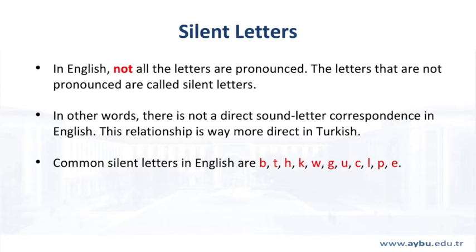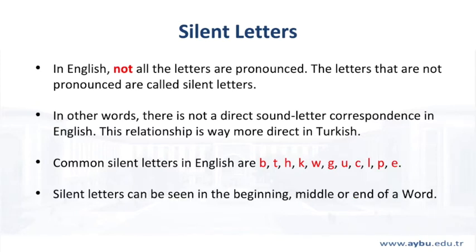We can see a number of letters which usually get silent in English words. And the most common ones are B, T, H, K, W, G, U, C, L, P, and E. It's also important to mention that silent letters can be seen at the beginning, middle, or end of words.